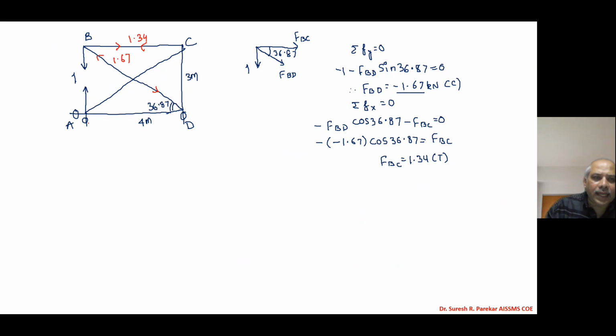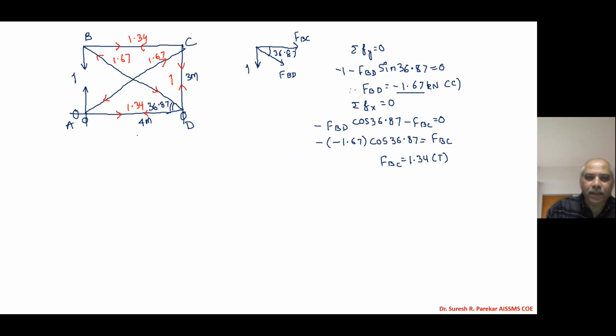Now B and A joint we are in the same. This is one, this is the diagonal, this is member AD, and therefore we have this again 1.67. And force in this we will get 1.34. So automatically CD will be with unit value tensile.